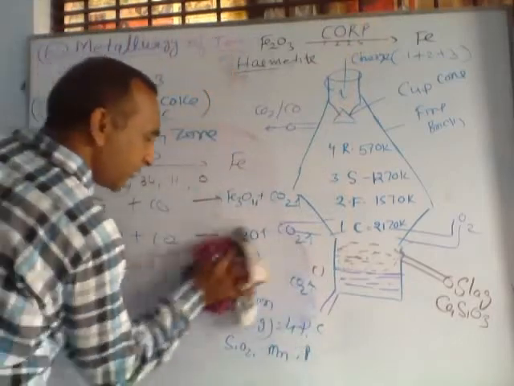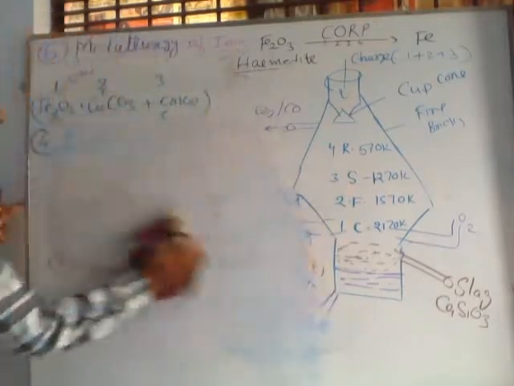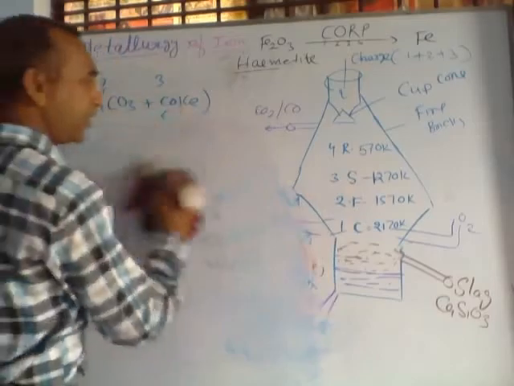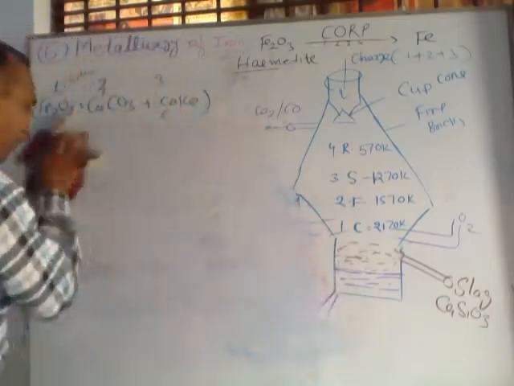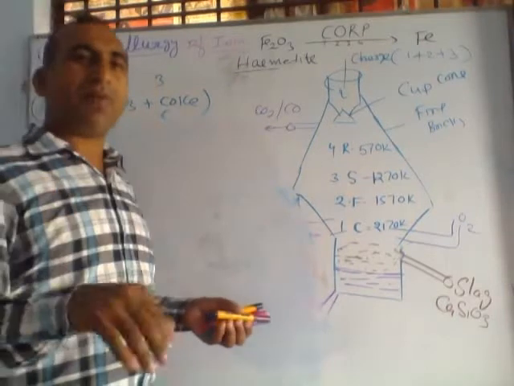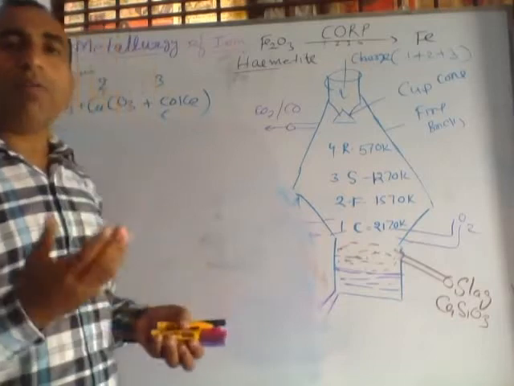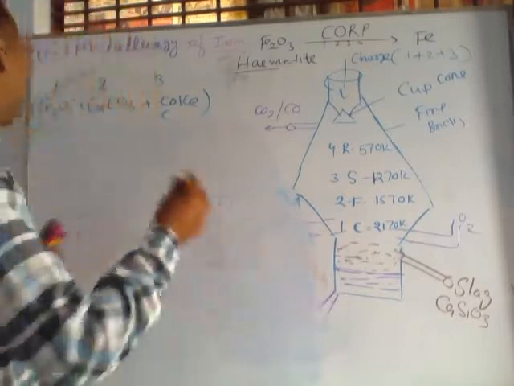In blast furnace we obtain pig iron. The pig iron, that is the impurest form of iron, in which 4% carbon, some silica, Mn, and other impurities are present. So how can we remove these impurities? Listen.